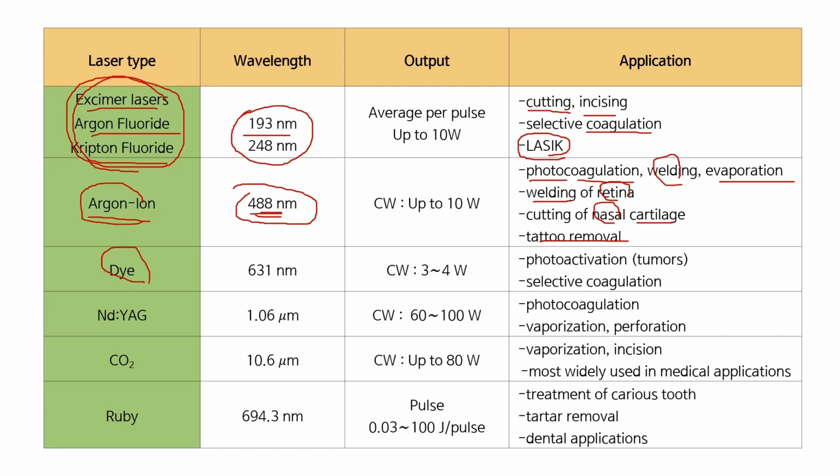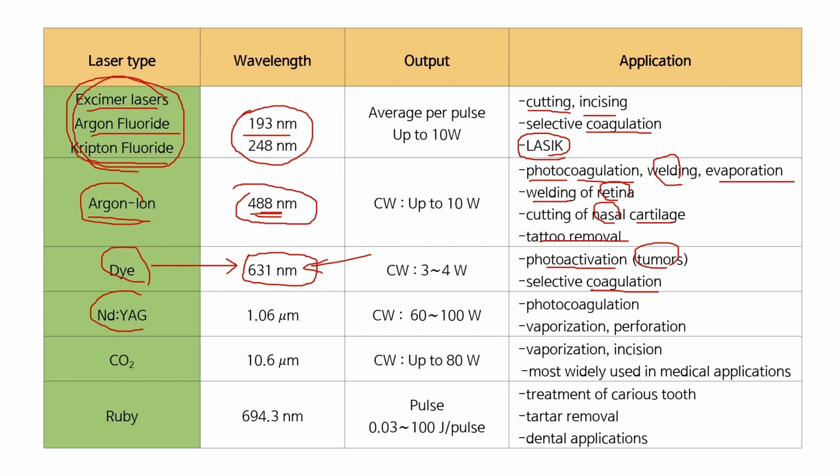Dye laser, we can also use dye laser for activating tumors and selective ablation. The dye laser wavelength is 631 nanometers, red color.